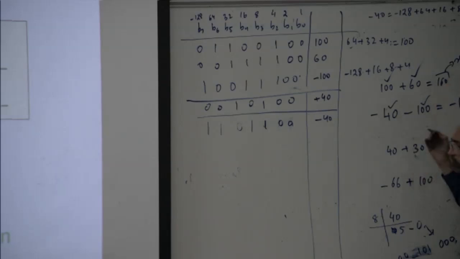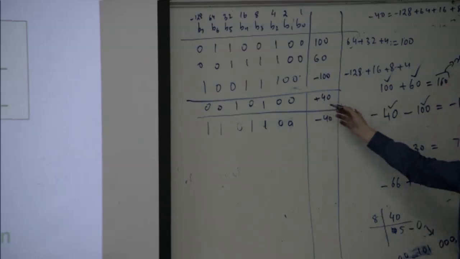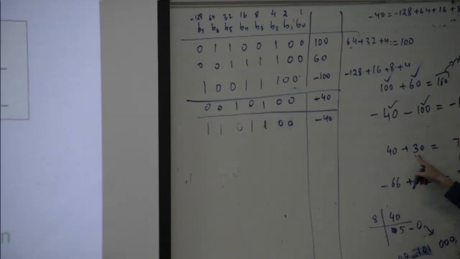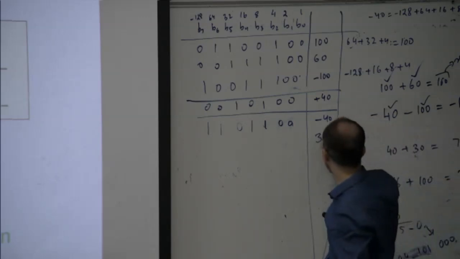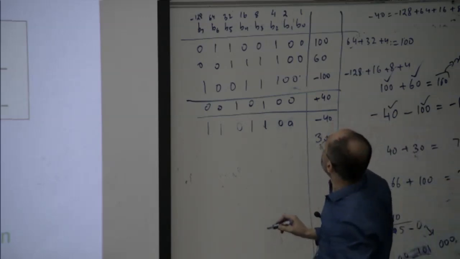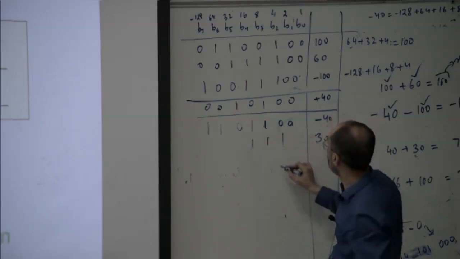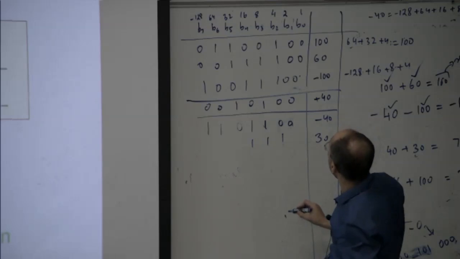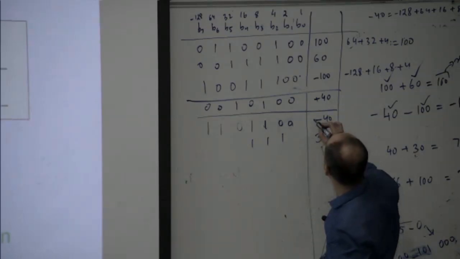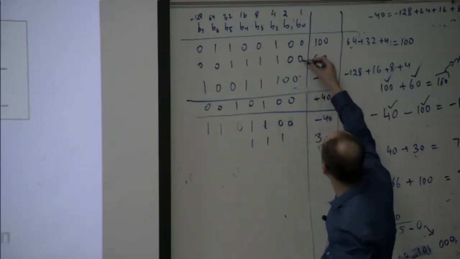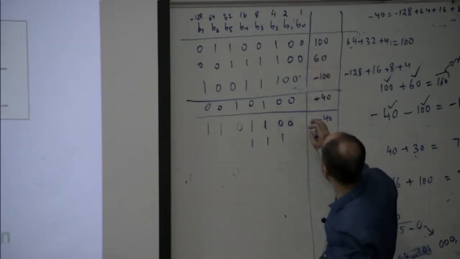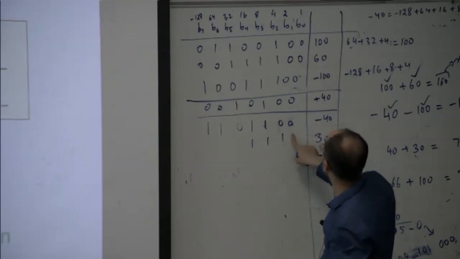Okay, got it. 40. Now 30. How can we calculate 30? 16 plus 8, 24 plus 4, and then 0 0. Okay, now this is a little problem.